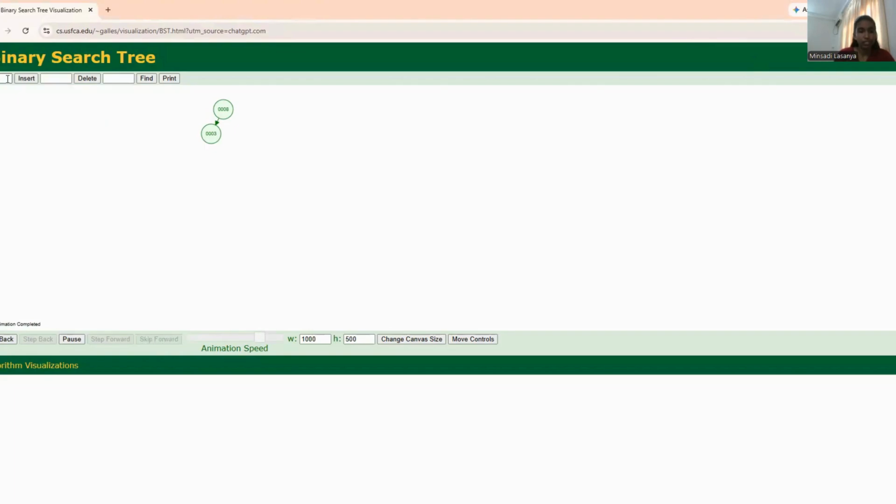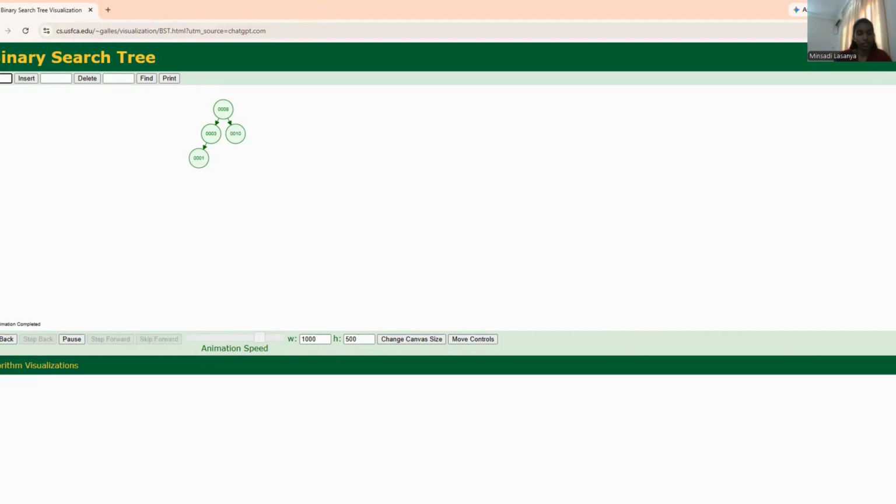Next I insert 10. Since 10 is greater than 8, it goes to the right side. Next, I insert 1. It goes to the left side of 3 because it is smaller than 3.